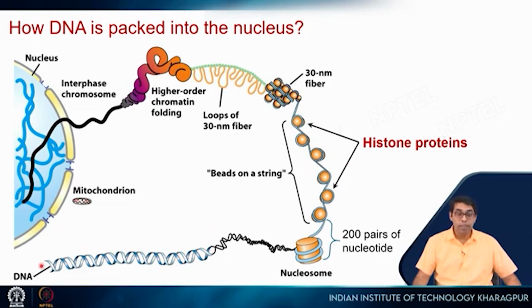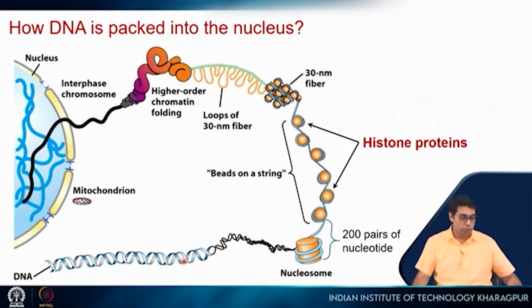If you remember, DNA has this phosphate backbone which is negatively charged, which means that DNA is a highly negatively charged molecule. Since it is highly negatively charged, it will expand out, right. If we try to compress it into a small volume, it will repel and expand out.